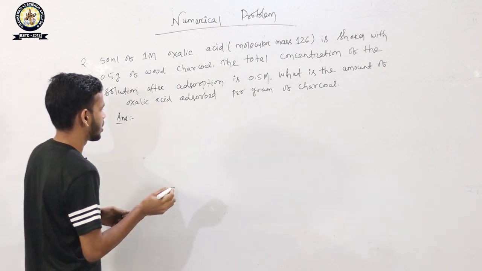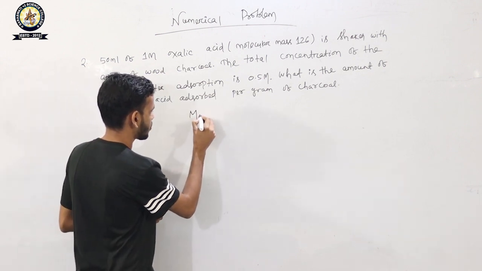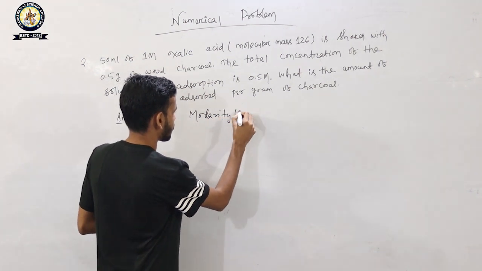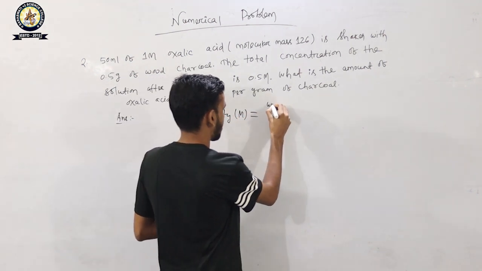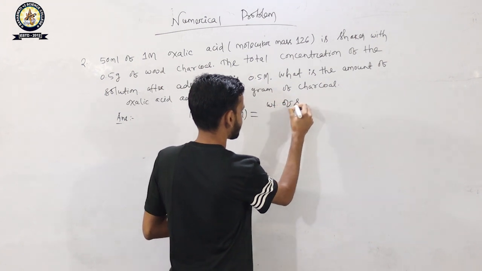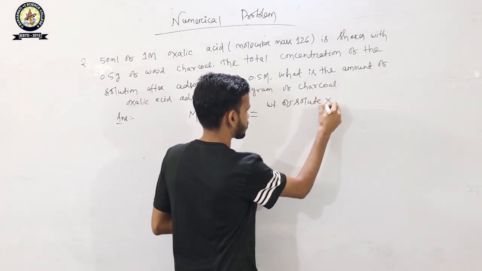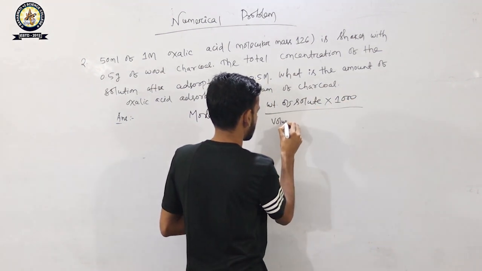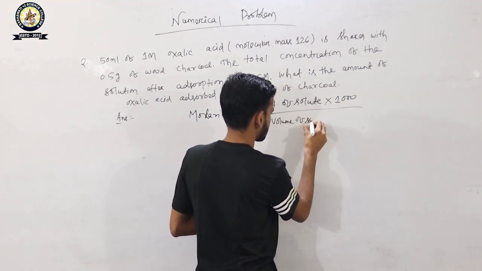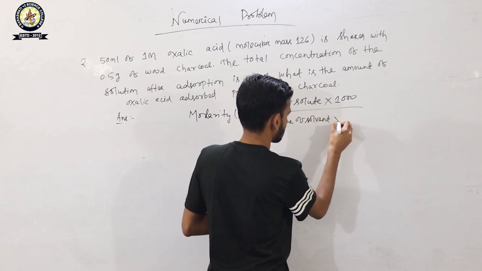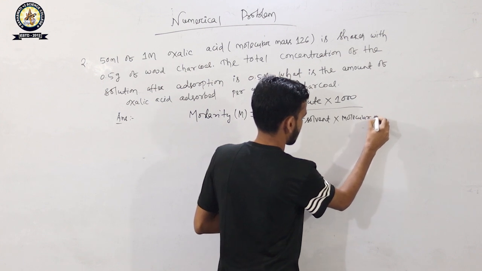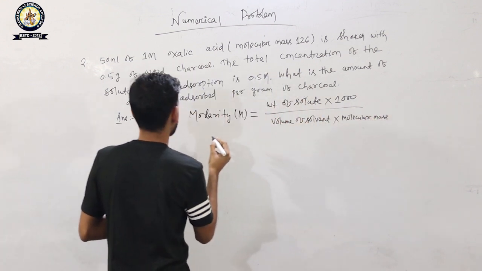Here, dear students, as all of you know, the formula of molarity is weight of solute into 1000 divided by the volume of solvent into molecular mass.